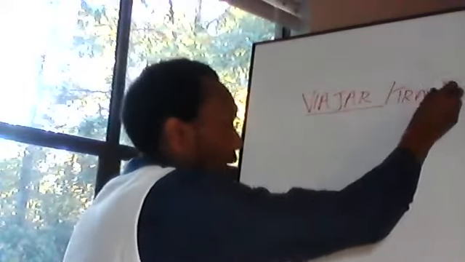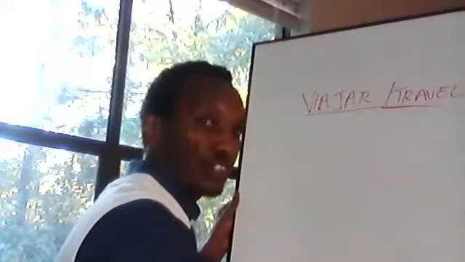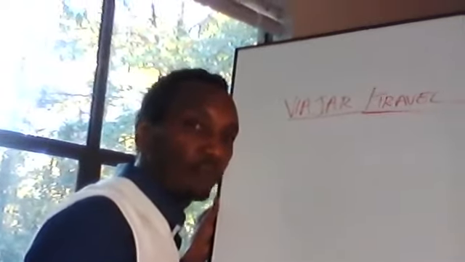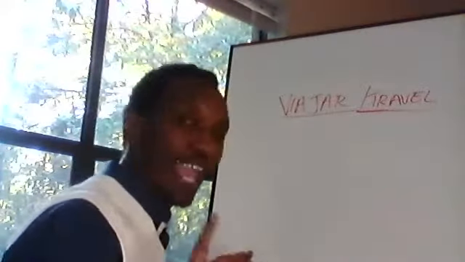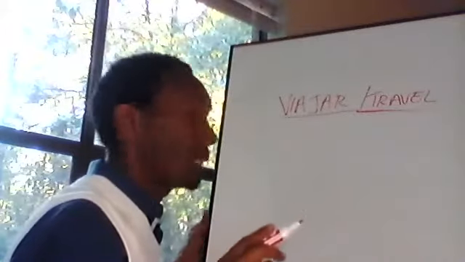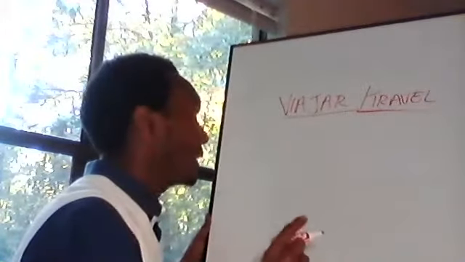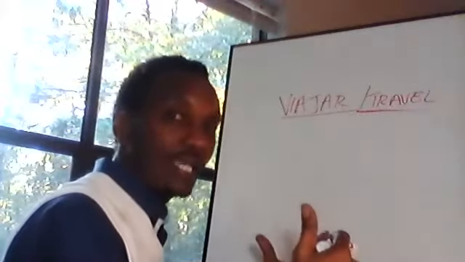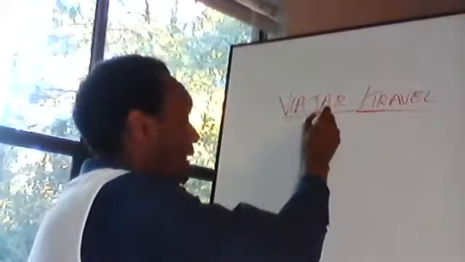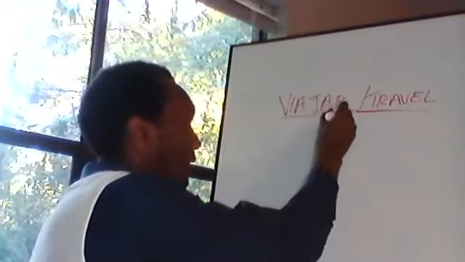Just a recap, remember, I said a Spanish verb consists of the stem and the ending. The ending is like what I just mentioned, the AR, ER, and IR. AR is the ending.